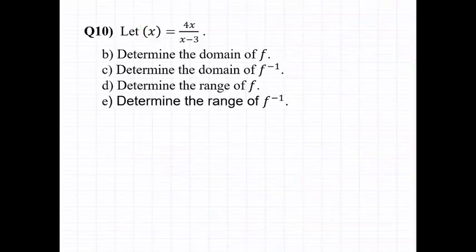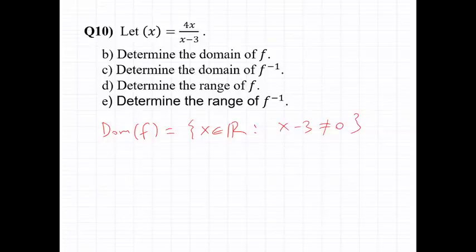Determine the domain of f. Here the domain of f is clearly equal to all the real numbers except where x minus 3 is 0. If it is 0, then there's a problem, so we remove this case.